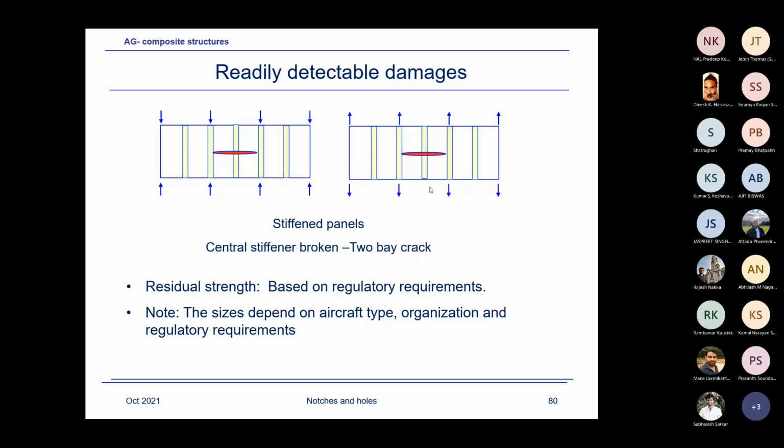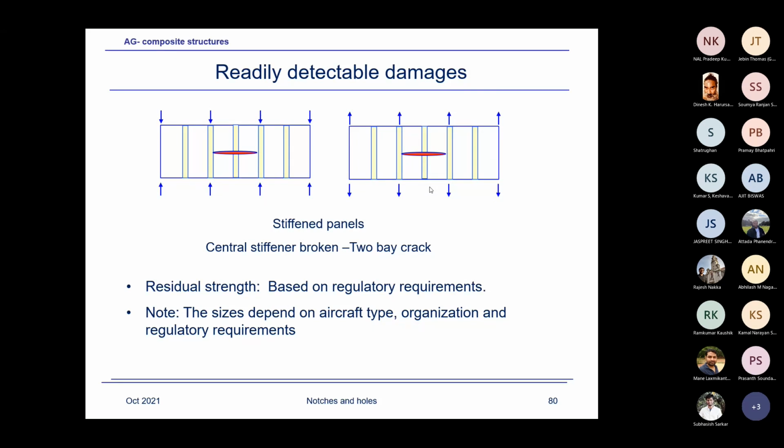A stiffener may be a hat type of structure, I section, blade section, J, or different other sections. And it becomes difficult to determine the residual strength for those stiffened panels easily. It's not a simple solution.